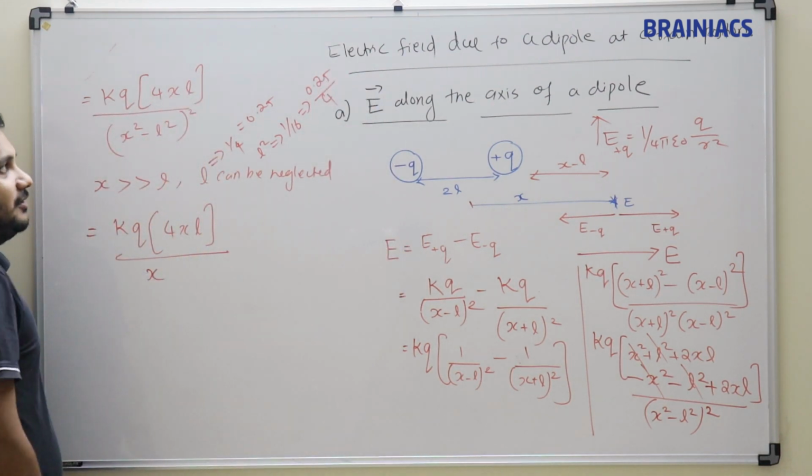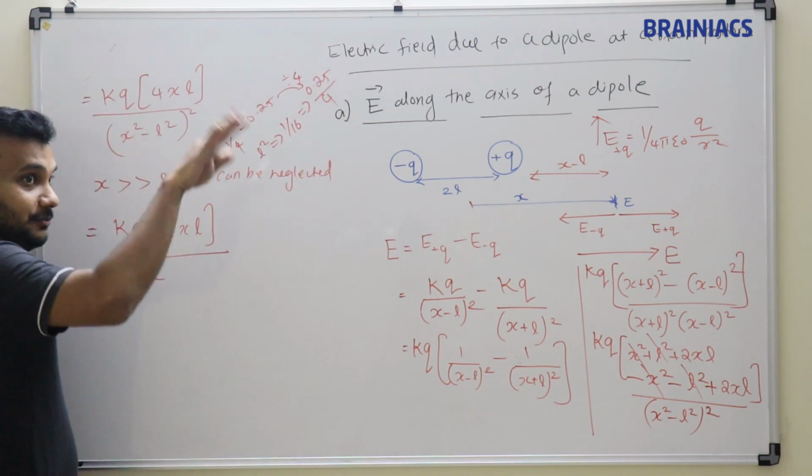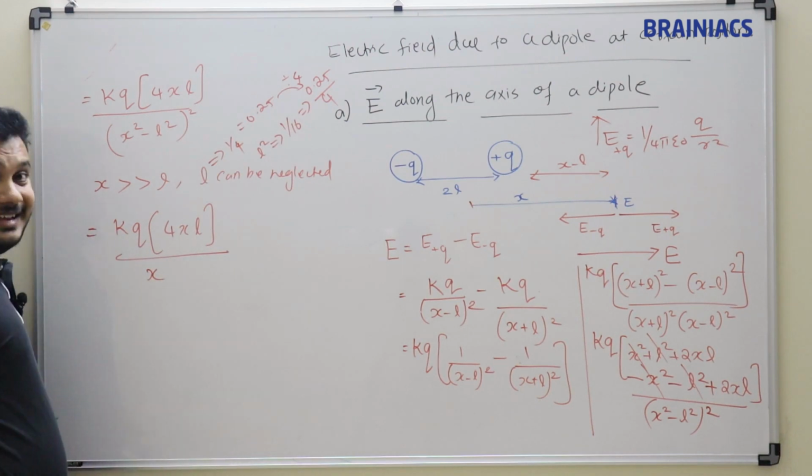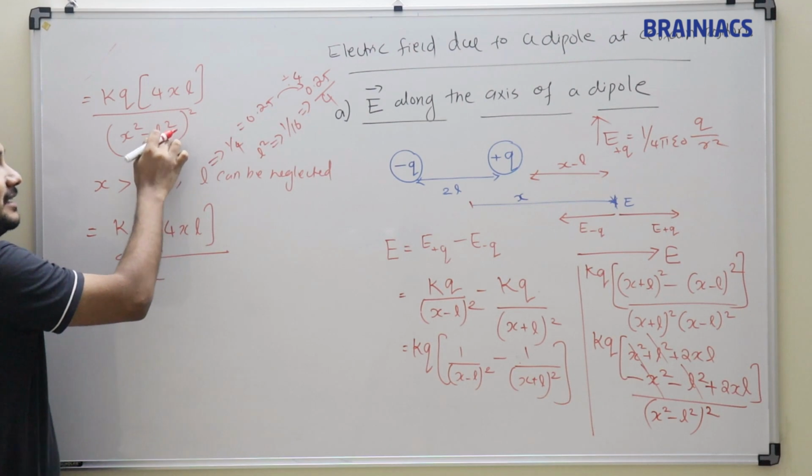Correct, 0.25 divided by 4. So this is again divided by 4. So this quantity becomes 4 times smaller, and that happens only if you are taking the square value.